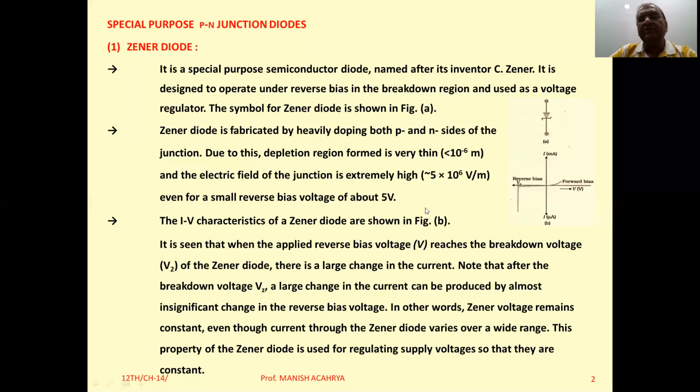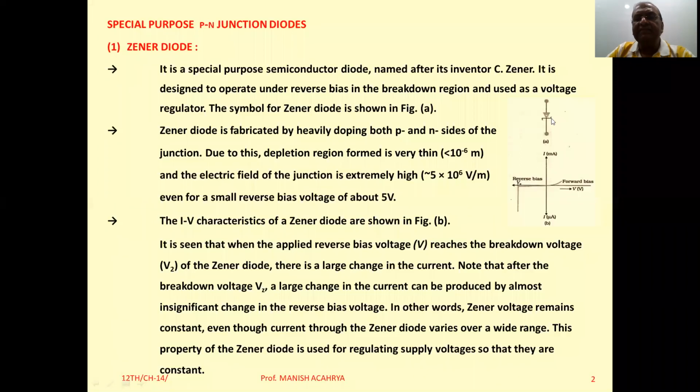Symbol of Zener diode, that is exactly like the symbol of a PN junction diode, but a small change is made here.